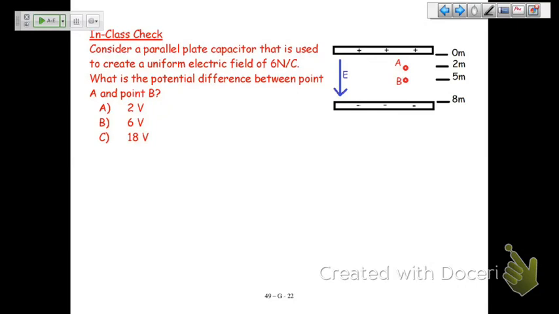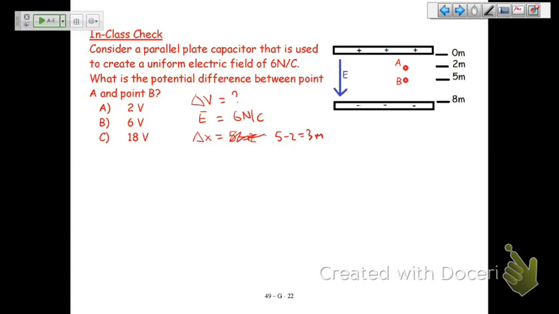I want to find my potential difference, delta V. My E is 6 newtons per coulomb, and my displacement, my delta X, is 5 minus 2. Let's just ask for the potential difference and I'll sort the sign out afterwards. It's 5 minus 2, which equals 3 meters.